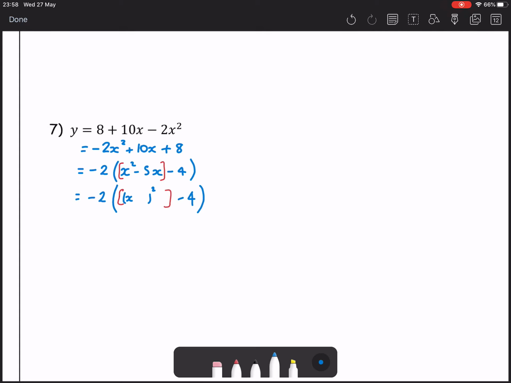So aiming for the two red brackets to be identical, the only way I can do that is to take my x coefficient minus 5, half it, minus 5 over 2, and take away that squared, square the top, square the bottom. And let's take that minus 2 the whole way through. Minus 2 lots of that first bracket.